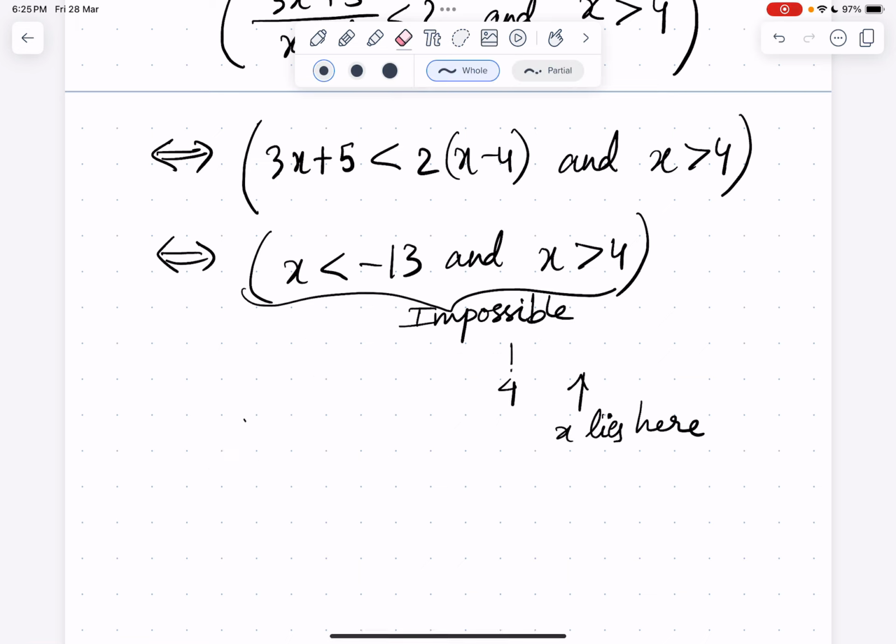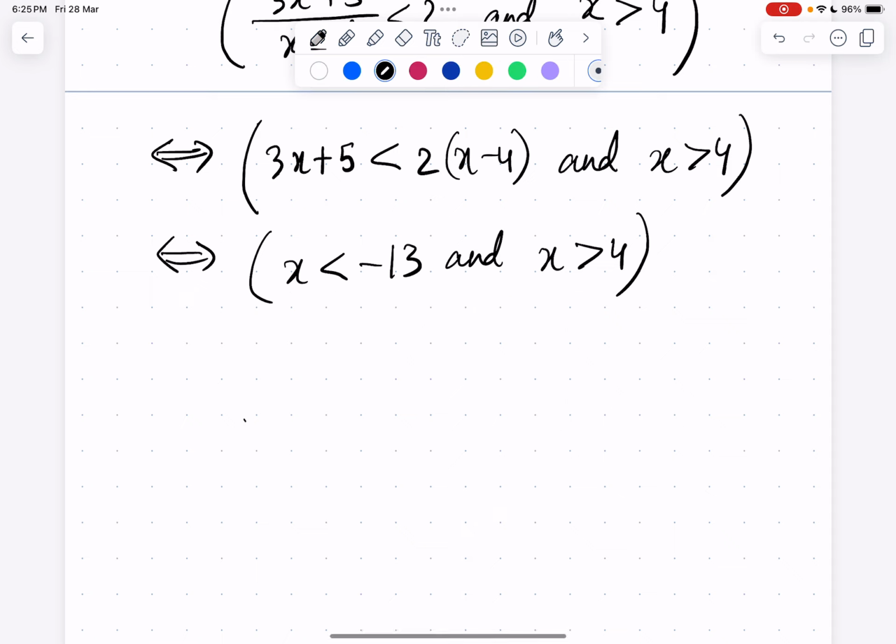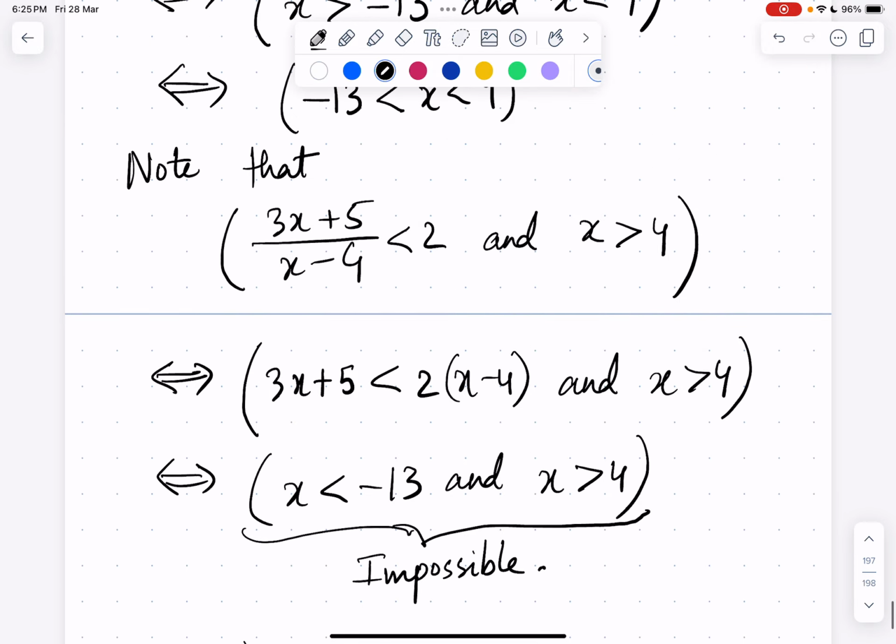The diagram is a little bit confusing. x can't be both greater than 4 and less than minus 13. So this is impossible. So we have found that (3x plus 5) by (x minus 4) less than 2 and x greater than 4 is impossible.